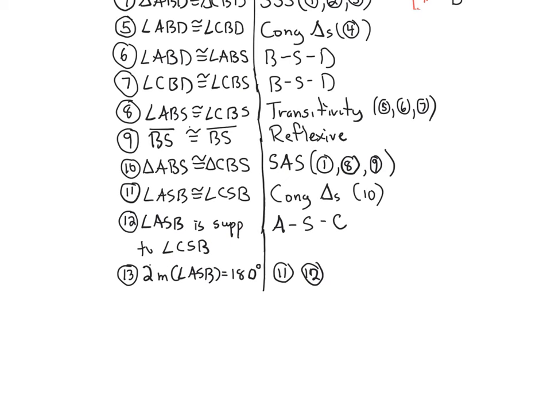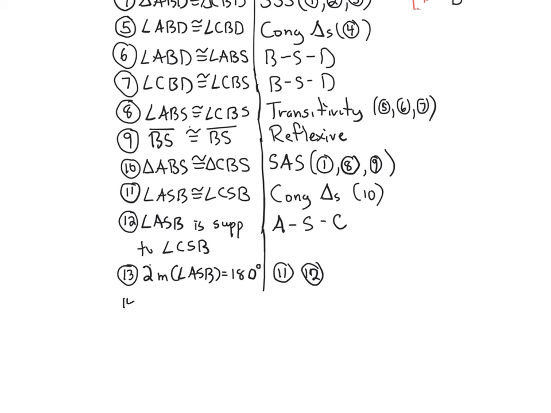They're supplementary. But line 11 tells us that the measures of ASB and CSB are equal. So since they're equal, I'm adding them together twice, so it's 2 measures of ASB. Or you could write it as 2 measures of CSB because they're equal. But anyway, that equals 180 degrees.